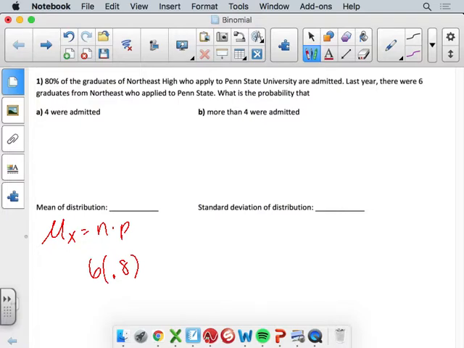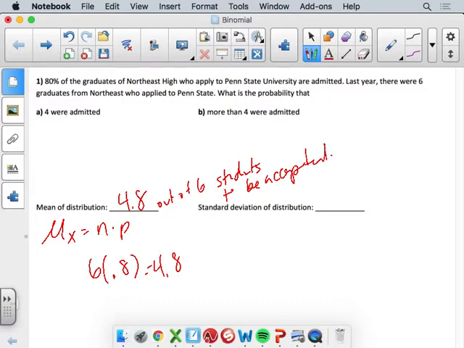What did I get today? 4.8. So what that means is you expect 4.8 out of 6 students to be accepted. I know you don't have this much room on your paper, but that's what that means in words. If there were a ton of groups of 6 people applying, we would expect 4.8 out of 6 of them to be accepted.